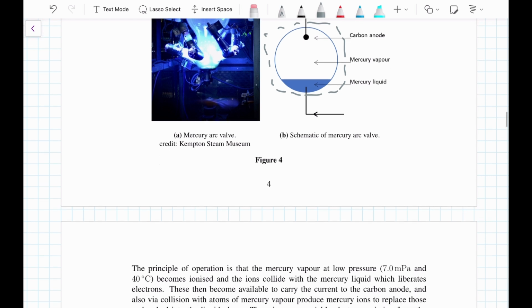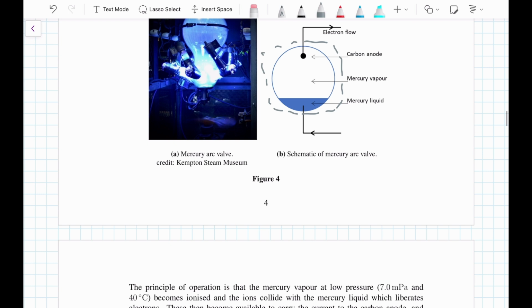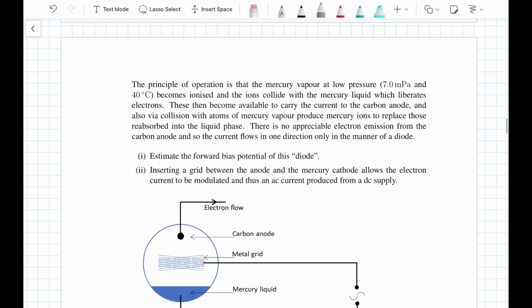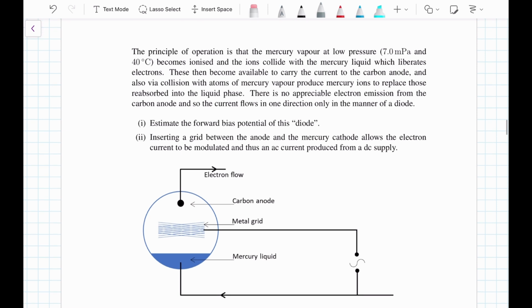In between, I suppose there's the liquid and the vapor, and it also gives the pressure and the temperature. How do we calculate the potential in this case?